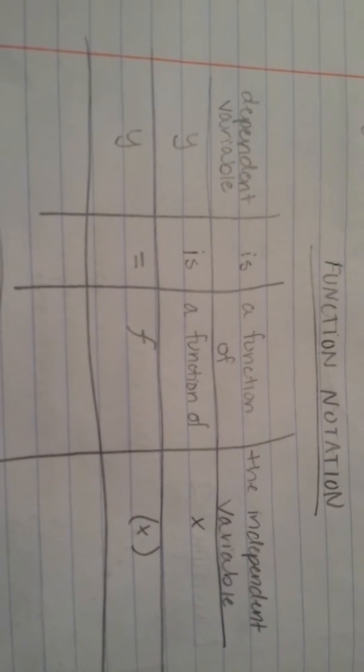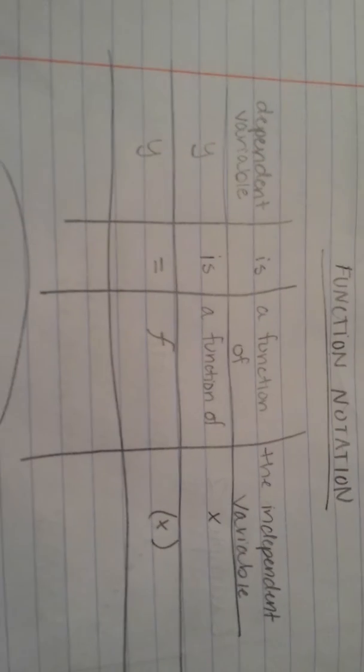When an equation in 2 variables describes a function, you can use function notation to write it. So this is how it is read. The dependent variable is a function of the independent variable. It can also be said as y is a function of x, or in function notation, y equals f(x).